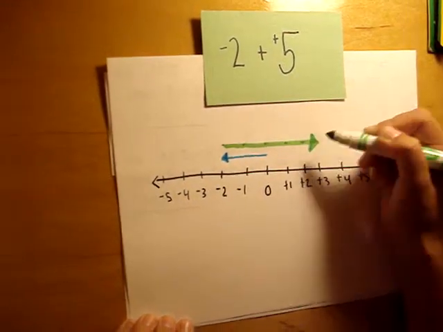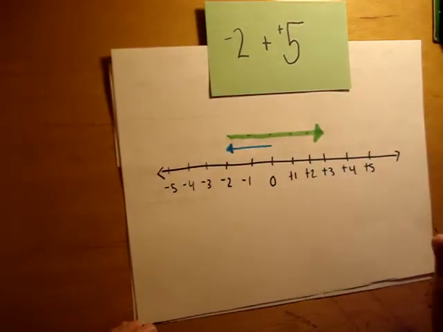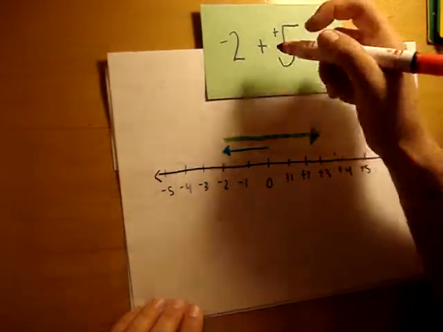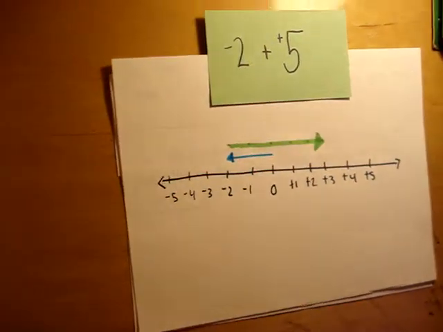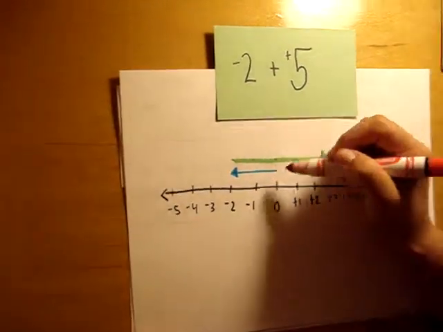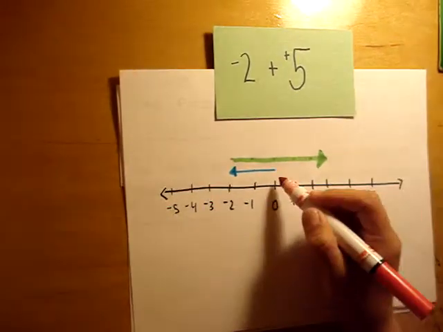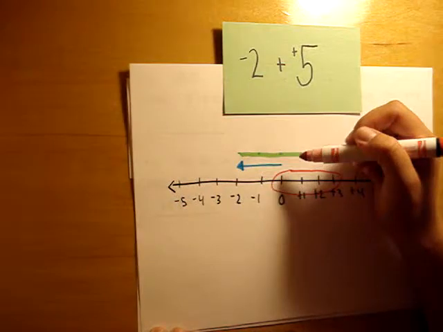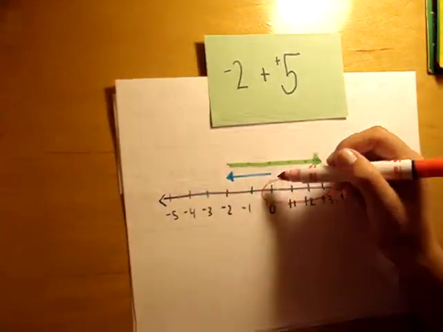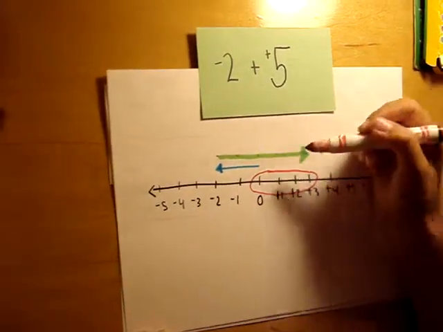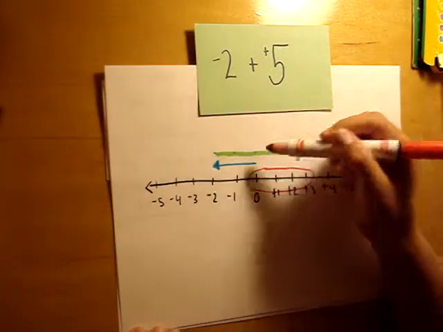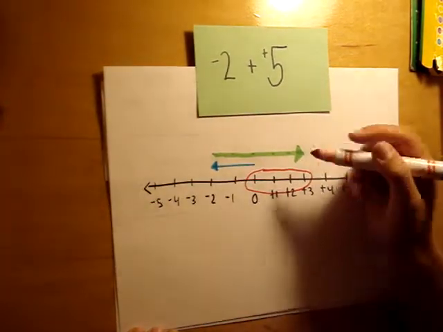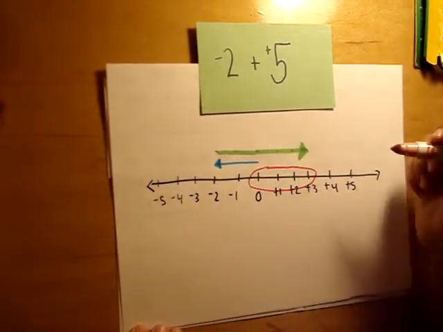Now, how can you know from this what negative 2 plus positive 5 is? Well, as you can see, you take the gap between where your negative 2 line started and where your positive 5 line, the green line, was ending, and see what the distance is there.